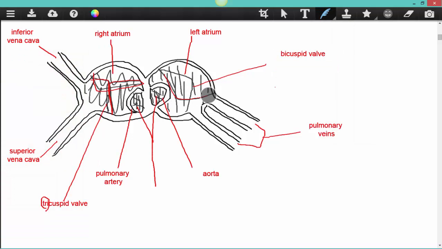And you can see 2 flaps, hence the name bicuspid valve, which means 2. Now, the last thing to be named, semi-lunar valves, which are present in both the pulmonary artery and the aorta. So valves have the same function as they do in veins throughout the body. They prevent backflow of the blood.